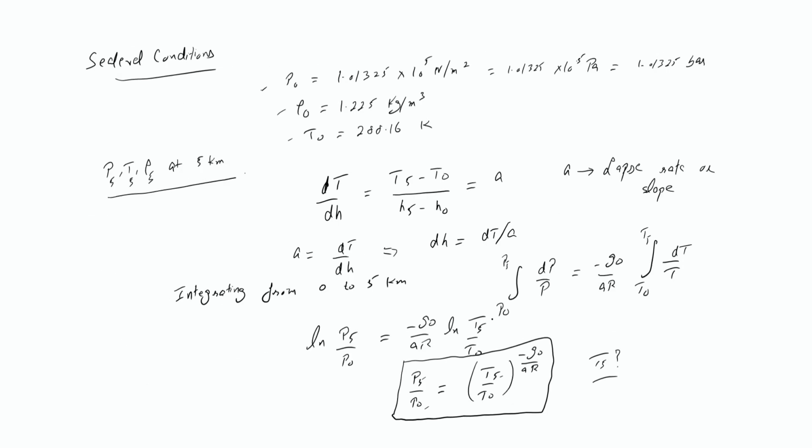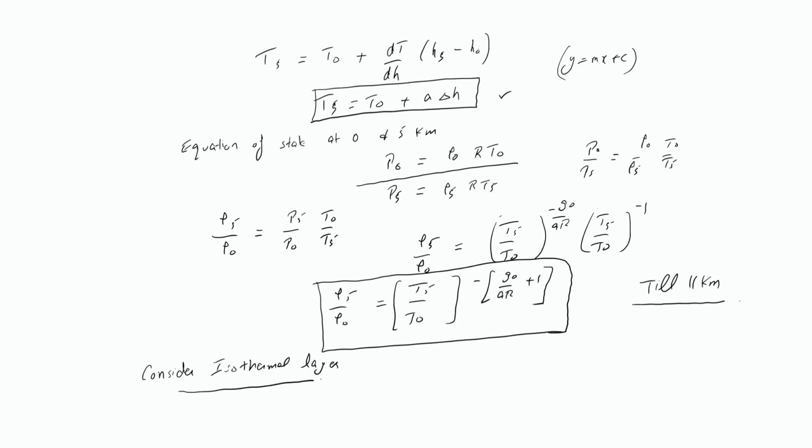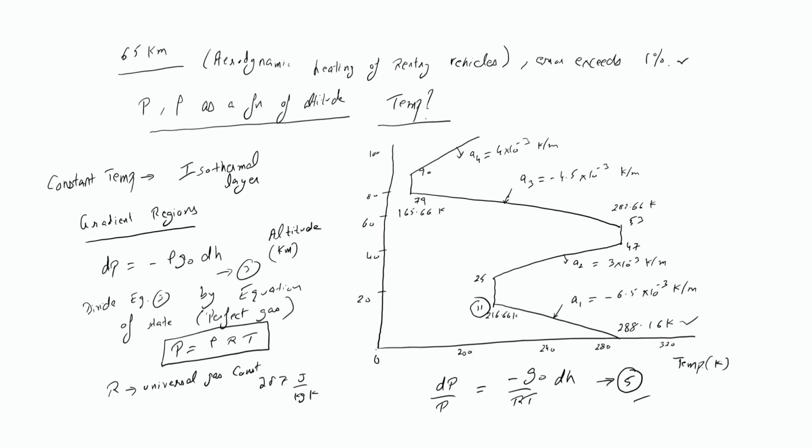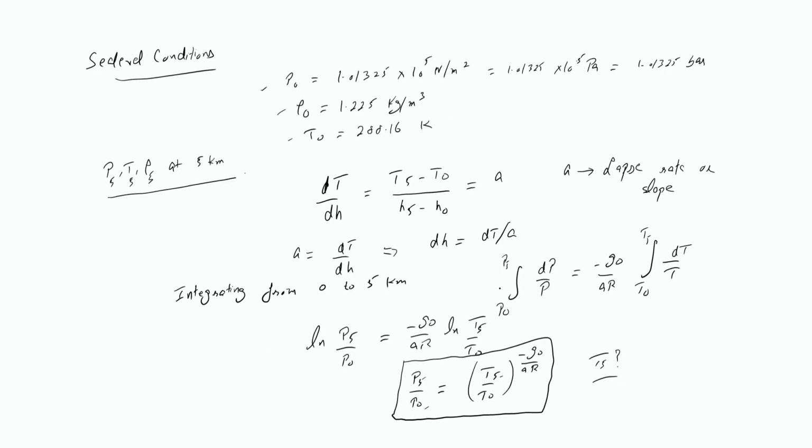So now temperature is a known quantity in the isothermal layer. Now let us say that you want to find the pressure and density at 20 kilometers. So how do you do that? We know the pressure, temperature, density at 11 kilometers. Now the question is, how will you find the pressure and density at 20 kilometers in the isothermal layer?